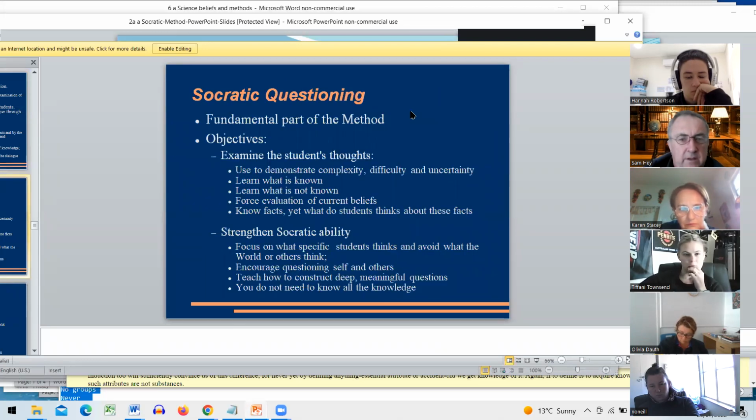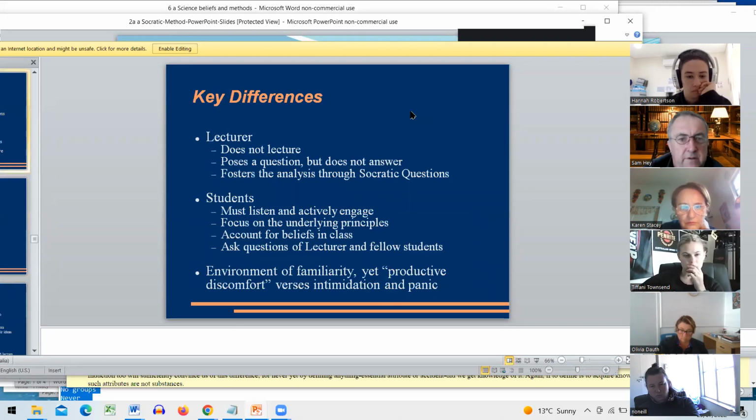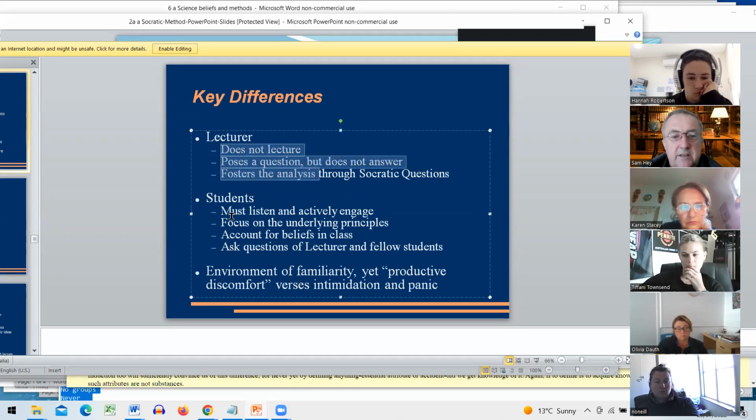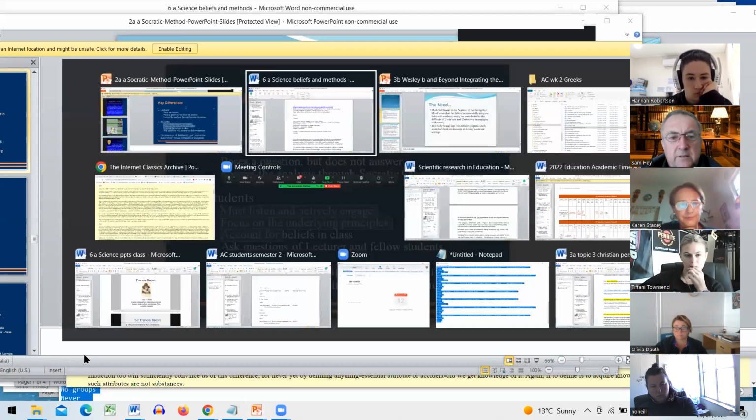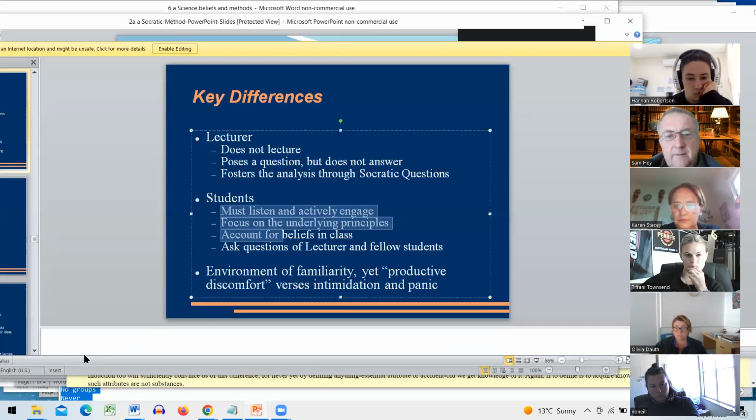So there's just a few notes there. One of the key differences is that in questioning, the lecturer doesn't lecture, they pose questions, doesn't answer them, and then the students are a lot more actively engaged in that they are asking questions there as well. So that's the questioning method.